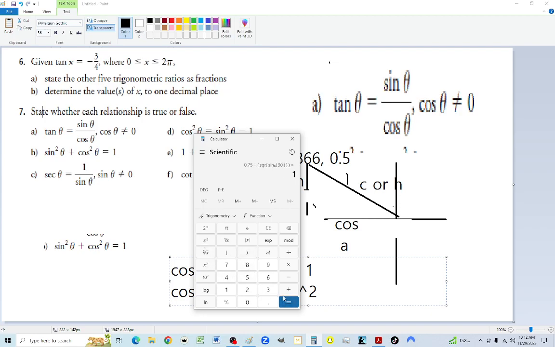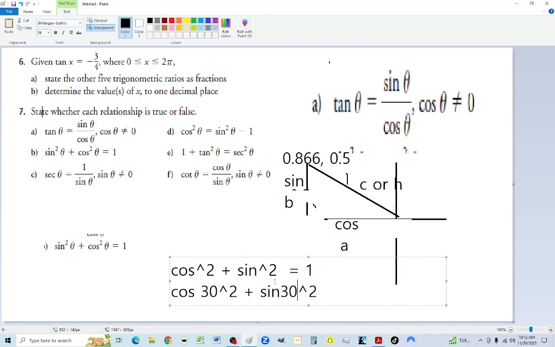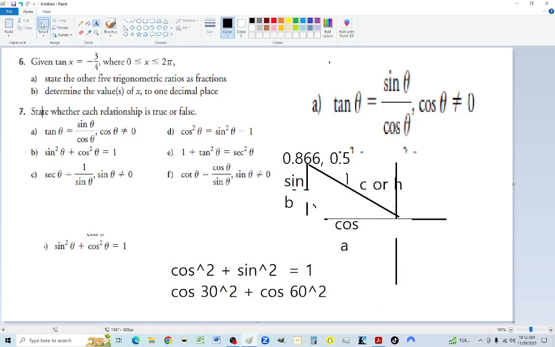And it does. But what about, as I said, cos 30 squared plus cos 60? Open brackets. Yes, it does. So we discovered an interesting little thing, that this is also true. And you'll discover why in a little time.